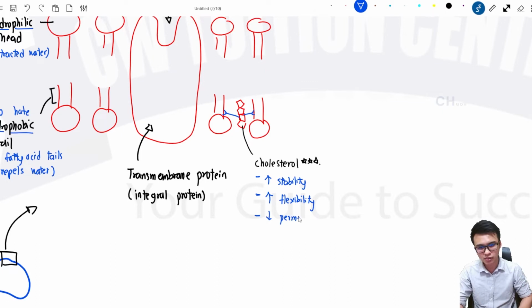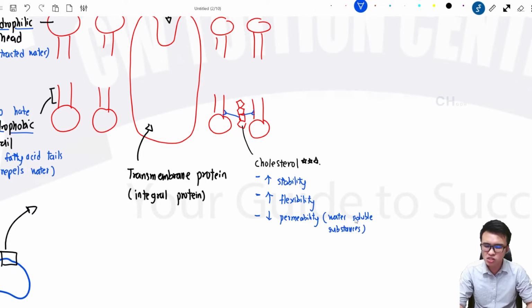Remember, less permeable to what substance? The water soluble substances. It only tries to prevent the water soluble substances from passing through the plasma membranes. So these are the functions of cholesterol.